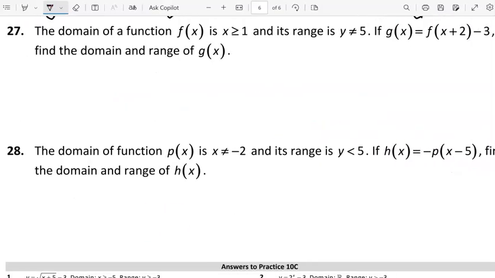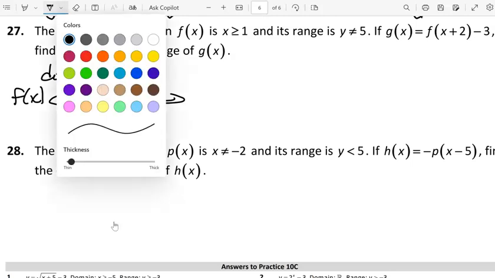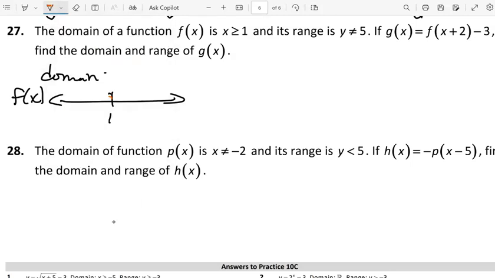For 27, the domain of a function f of x is x is greater than or equal to 1. So I'm going to draw this on a horizontal number line. X is greater than or equal to 1.